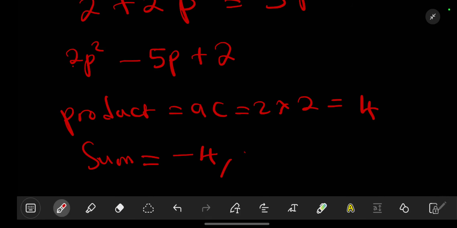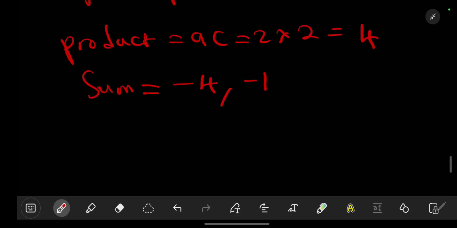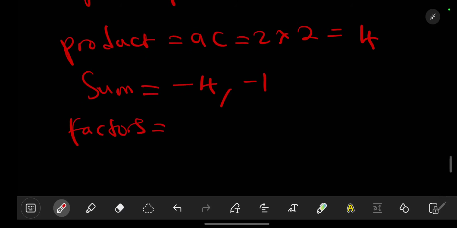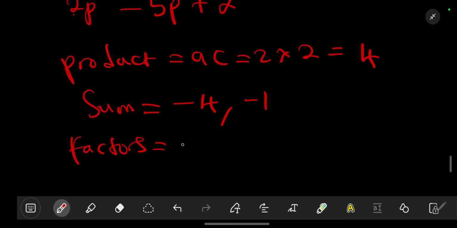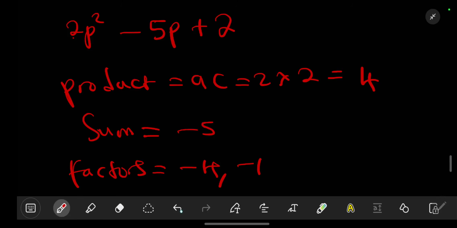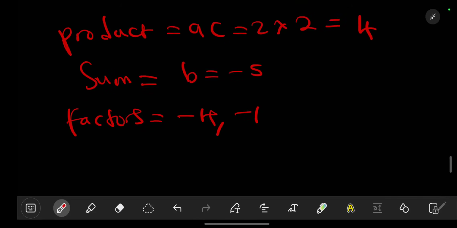These are negative 4 and negative 1 like that. Then we have our factors, negative 4 and negative 1, and the sum is b, which is equal to negative 5 in this case.